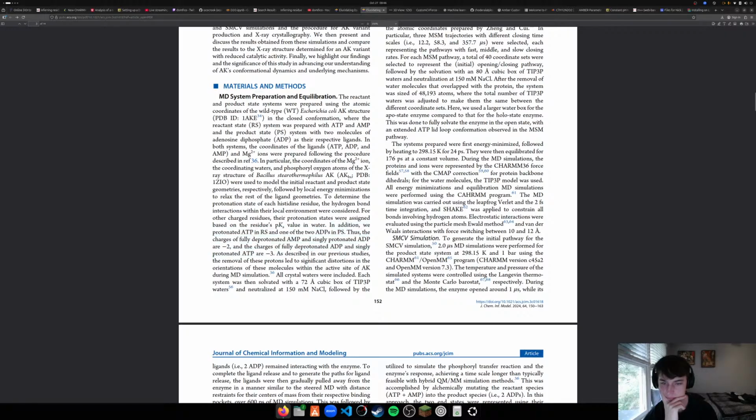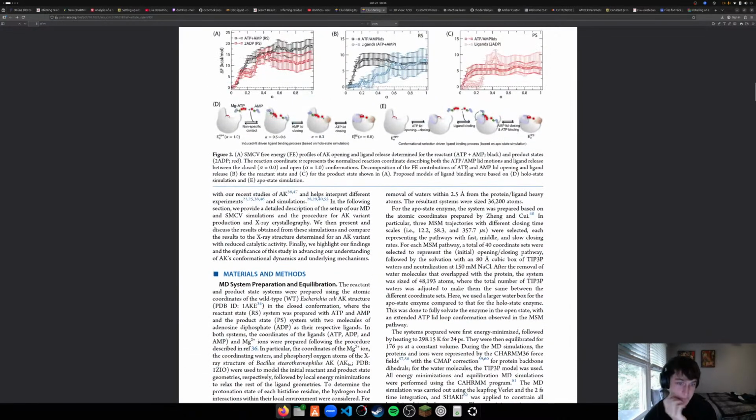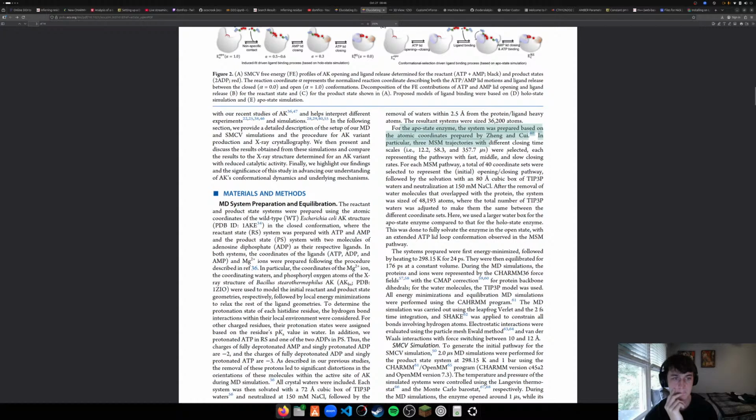So this is strange to me right here. As described in our previous studies, the removal of protons led to significant distortions in the orientation of the molecules. So do they have a protonated ATP, AMP? The box is ginormous.